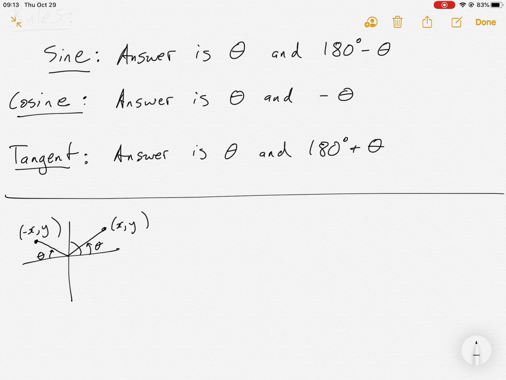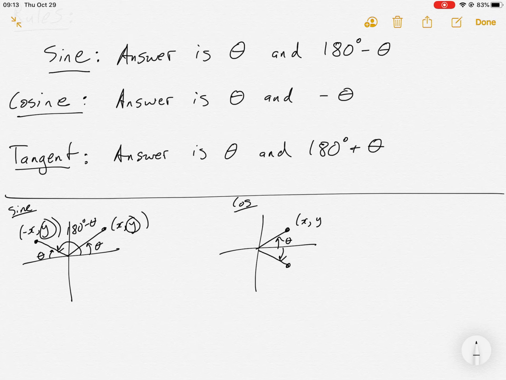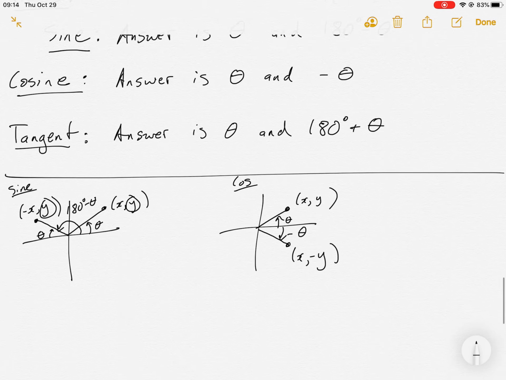So that's how you can see that the angle is also the supplement, so the y values are the same. For cosine, if I have some value for theta, then the same x value is going to be down here. It's just going to be a negative y, and that's just going to be negative theta.